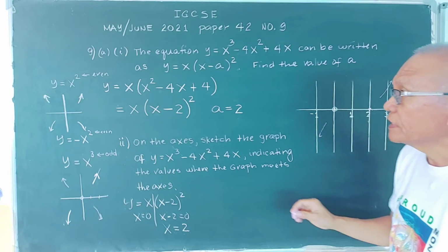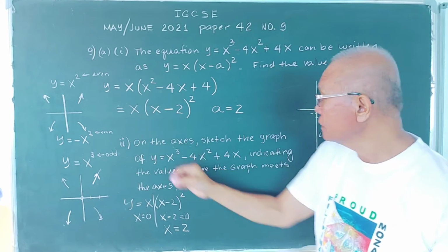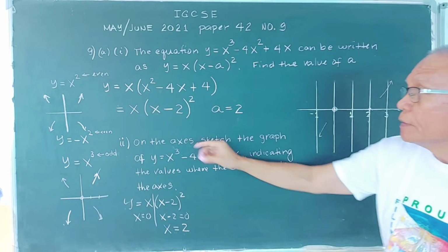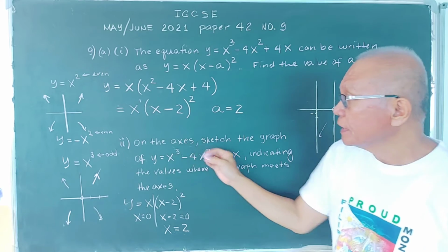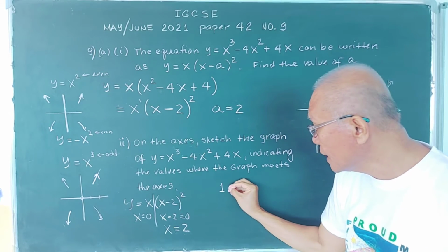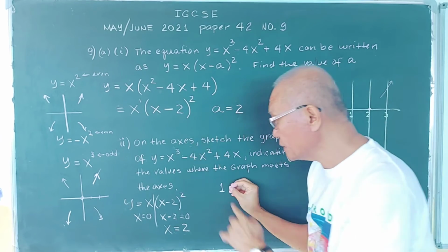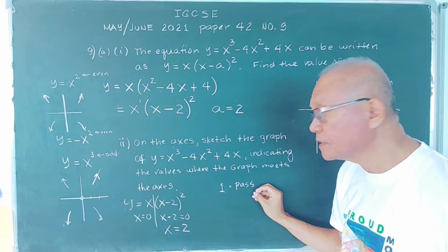Now, let's have the multiplicity. This x here on the 0, because this one is 1, it means it will pass. For example, if the multiplicity or exponent is 1, the curve will just pass.